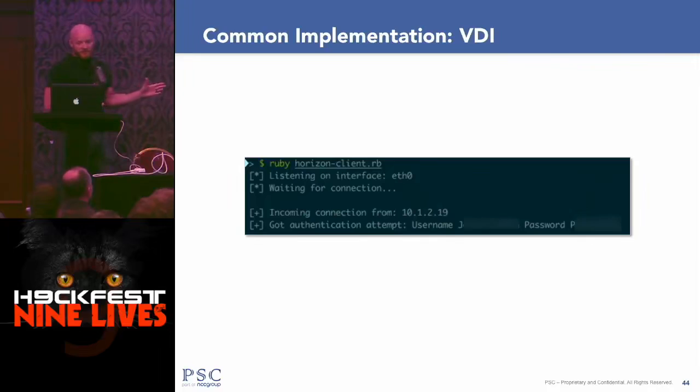Now we just have to hack together some code to run a listener that captures their credentials so that it completes the session. Normally we see a username and then the password plus maybe their RSA token, so some combination of those. Once they type those things in and hit enter, we will see them pop up on our screen.